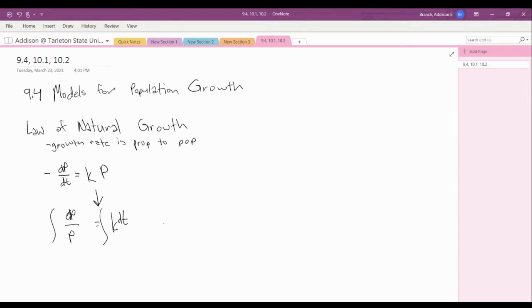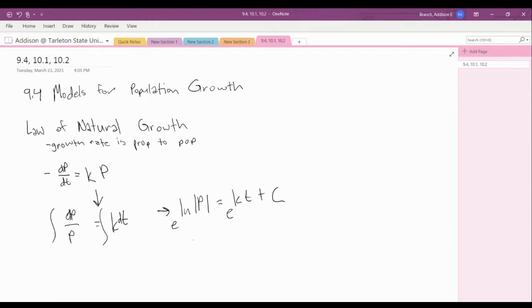When we integrate, dP over P goes to the natural log of the absolute value of our population, which is equal to kt plus C. We can cancel out our natural logs by taking the exponential.